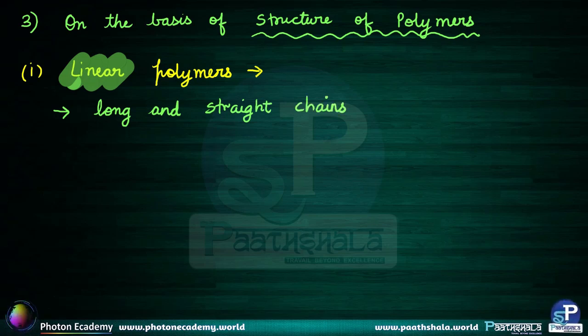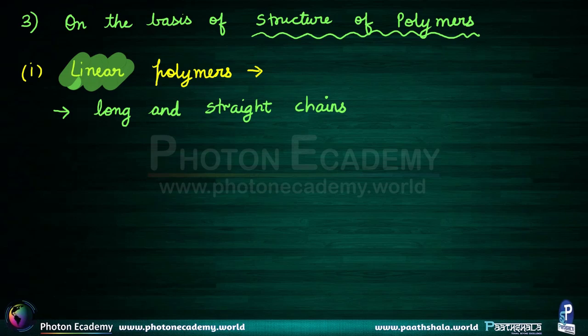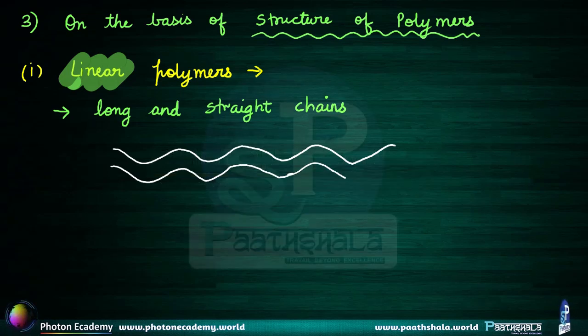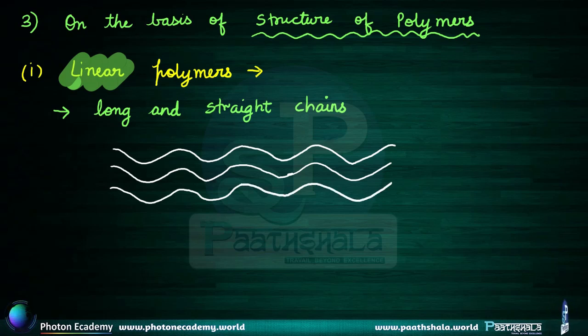We have already seen a lot of examples of this category. They can be represented in this manner, imagine all of these being straight chain linear polymers. So this is a representation of the linear straight chain polymers.